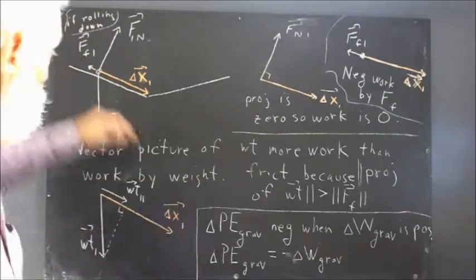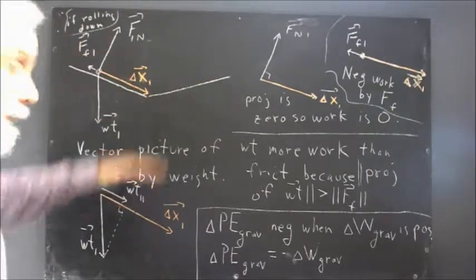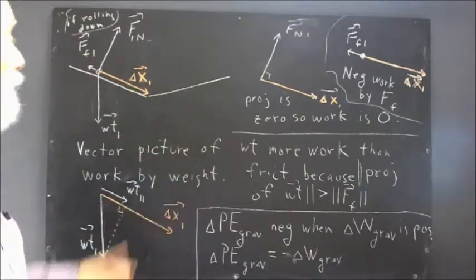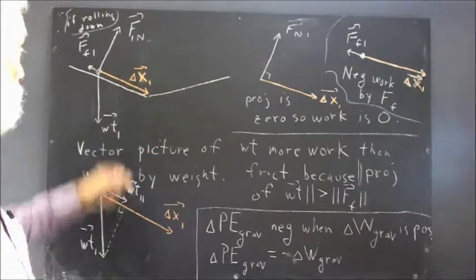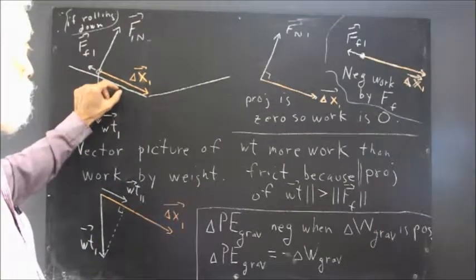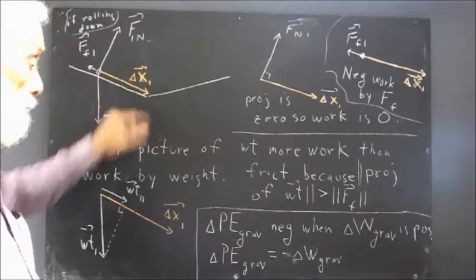So, intuitively, we're going to say that when an object decreases its altitude, when it rolls down an incline or when it falls, its potential energy is decreasing, because if the ball is further down the incline, it's going to have less potential to do work between here and the end of the incline.